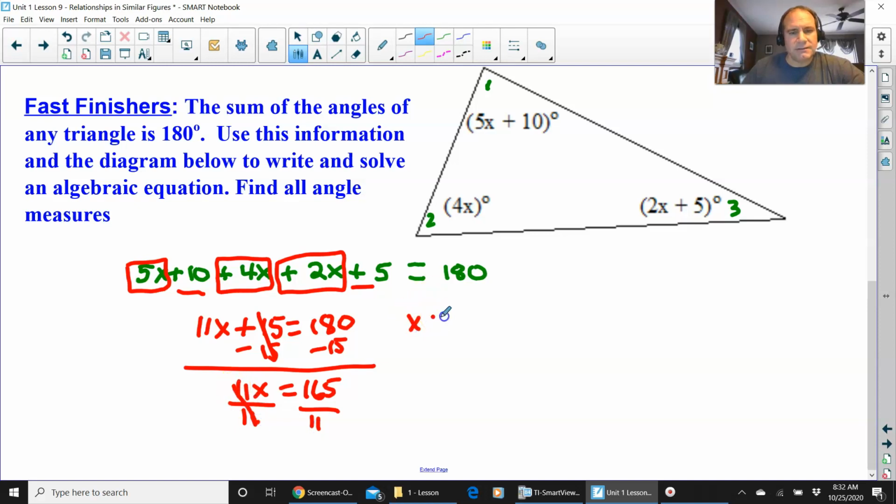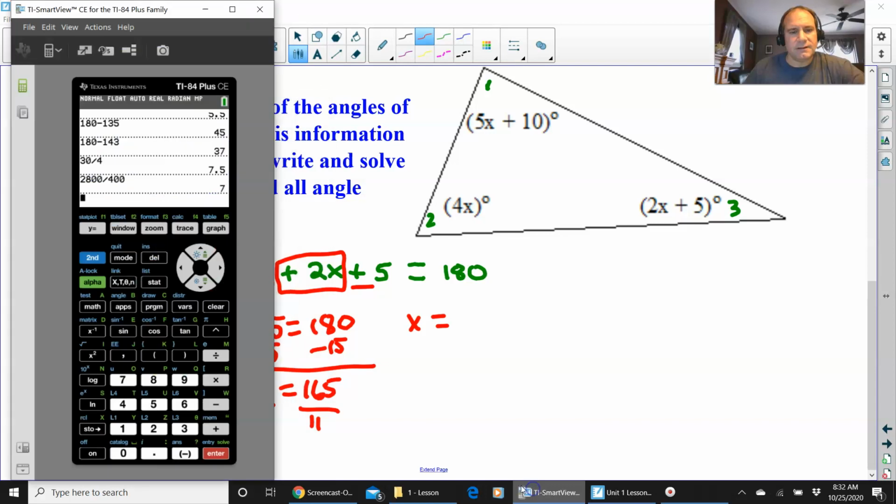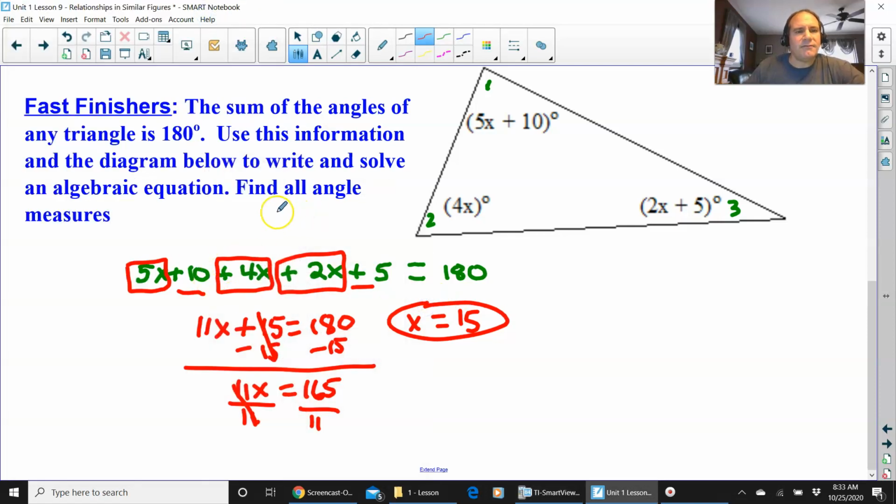Let's see what my x is going to be. 165 divided by 11. 15. So we have x now, but we don't have all angle measures. So we're going to substitute in here. We're going to put 5, and instead of x, we're going to substitute that 11 in. 5 times 11 plus 10.